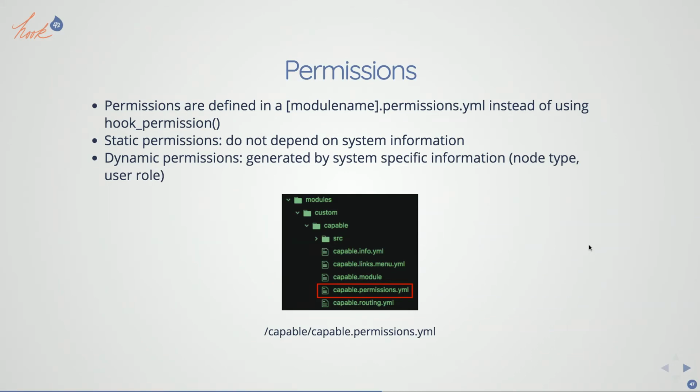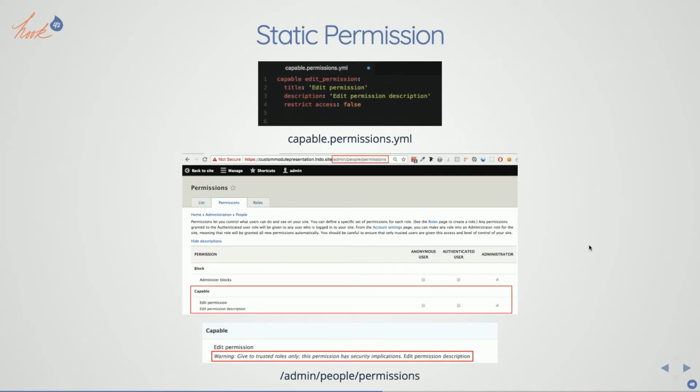And this lives in the root of your module file. Just an example of a static permission is an edit permission, and you have your description, and you can set restrict access to false or to true, and one of them gives you that warning and one of them doesn't, and I don't remember because there's too many slides and my brain is only so big.